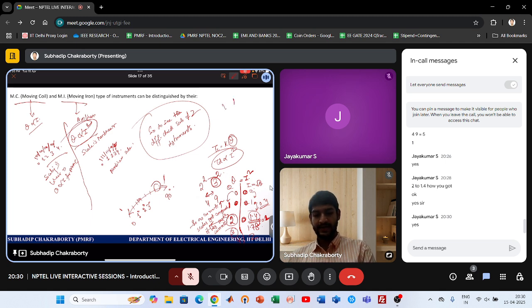So 0 to 1 degree is 0 to 1 ampere, but 1 degree to 2 degrees now has 1 to 1.4. Like this. So what you can do is prepare a non-linear scale, because theta is linear but the currents are non-linear. Clear or not?